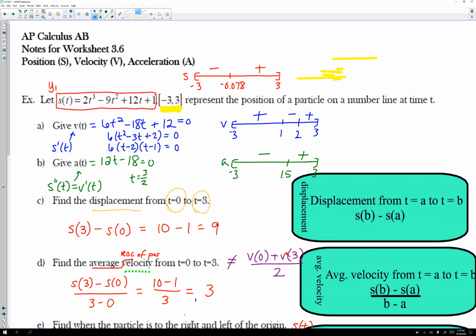They have opposite signs from -3 to -0.078. And then after that, position's always positive. So again, from 1 to 2, they have opposite signs. Position and velocity have opposite signs from -3 to -0.078, and again from 1 to 2.